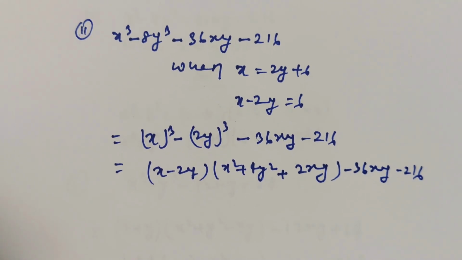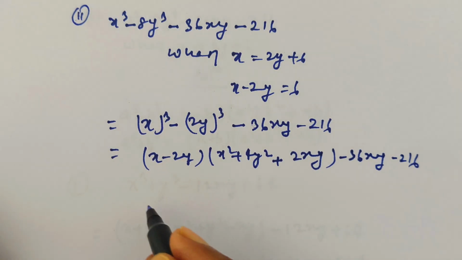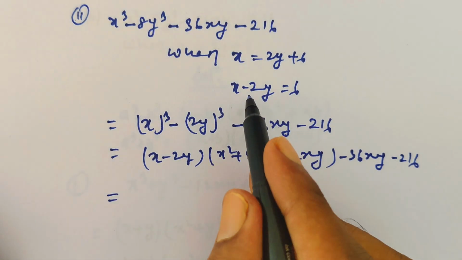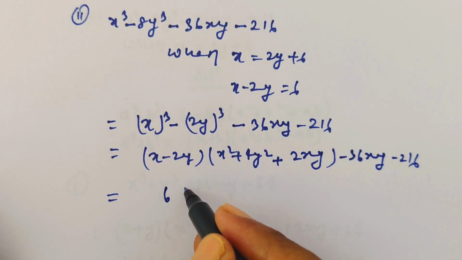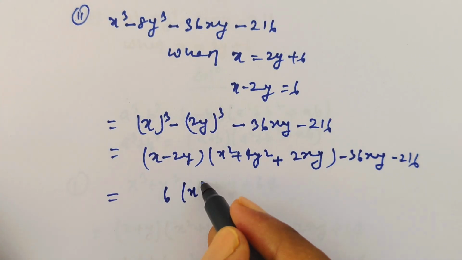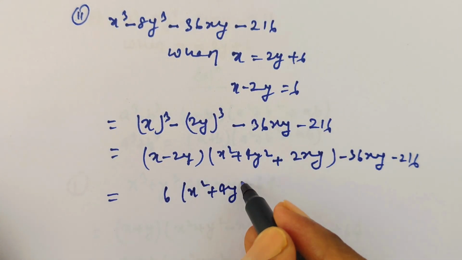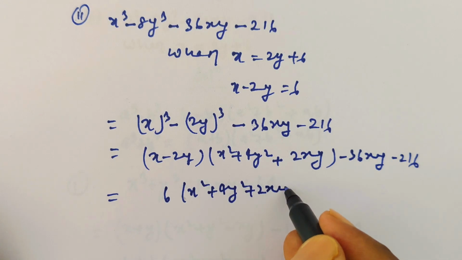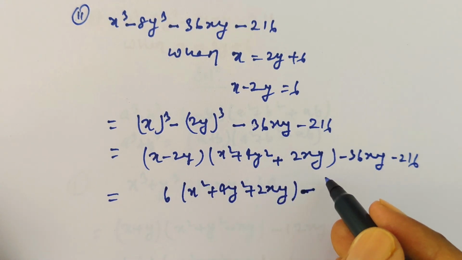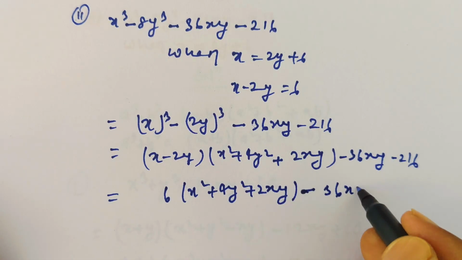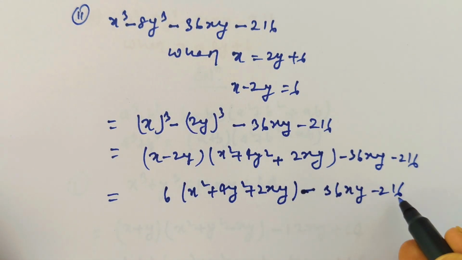For the next term, we have x minus 2y equals 6, so we put 6 here, and in brackets you write x square plus 4y square plus 2xy, and after that we have minus 36xy minus 216.